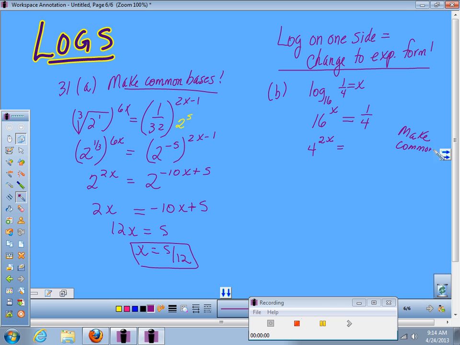What do I do with 1/4? I have to have the 4 up top. 4 to the negative 1. Then you can drop your bases and say 2x equals negative 1, and x is negative 1/2.